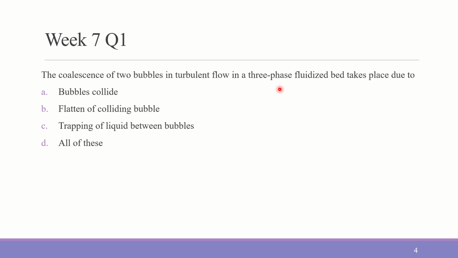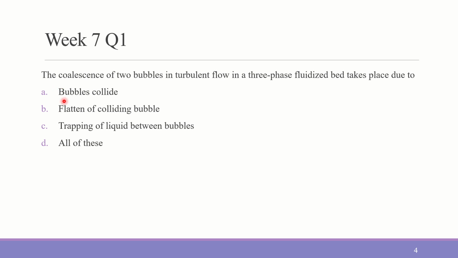It happens when two bubbles collide, right? When two bubbles collide, the surface of the colliding bubbles flatten, and then they trap liquid between the bubbles, and therefore they coalesce and they grow in size. So that is what we mean by coalescence of two bubbles in a turbulent flow in a three-phase fluidized bed taking place due to bubbles colliding, flattening of colliding bubbles, and trapping of liquid between bubbles.